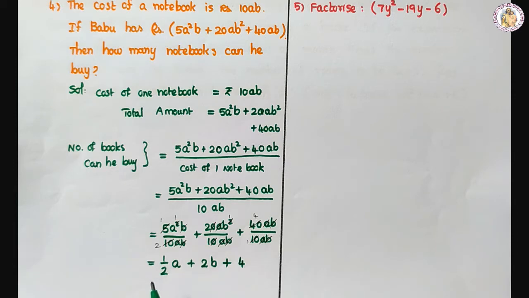So the number of notebooks he can buy is 1 by 2 a plus 2b plus 4. That is the answer.